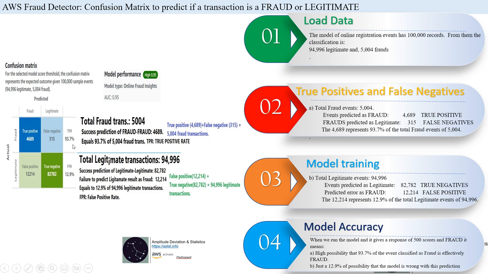This number of total positive rate is referring to the prediction of the total fraud transactions, and this number of false positive rate is referring to the legitimate transactions.